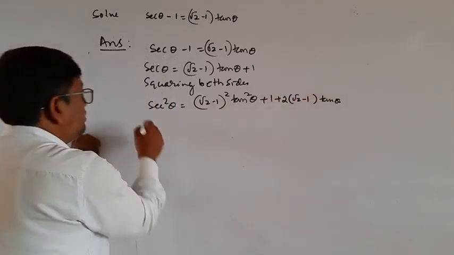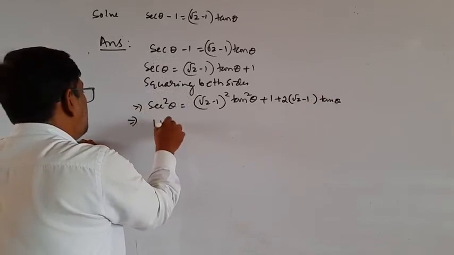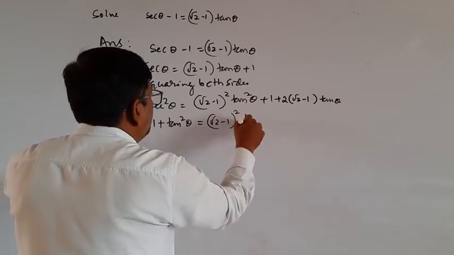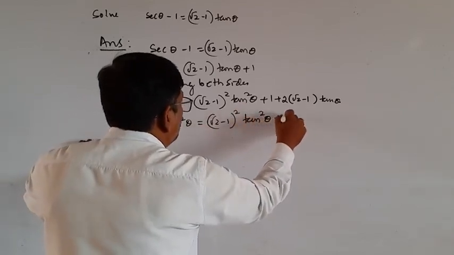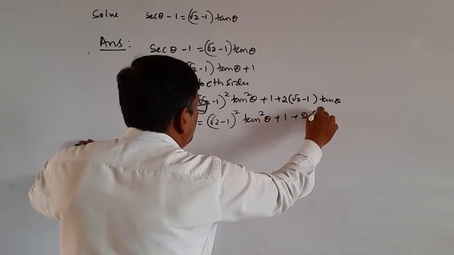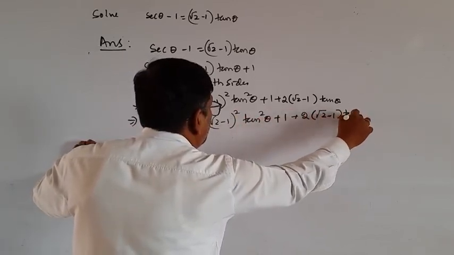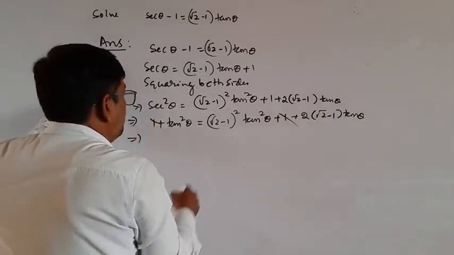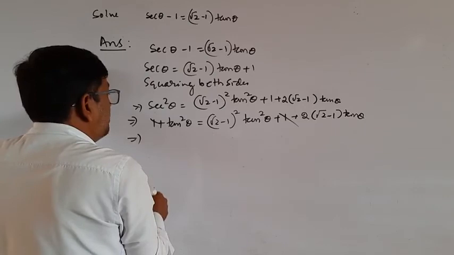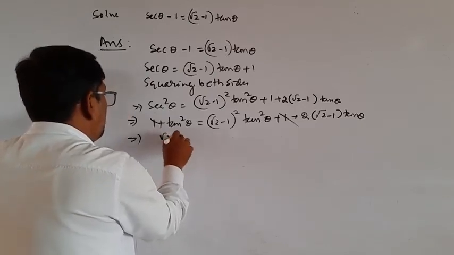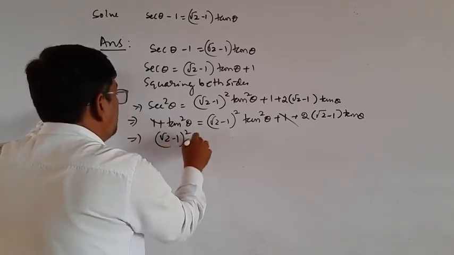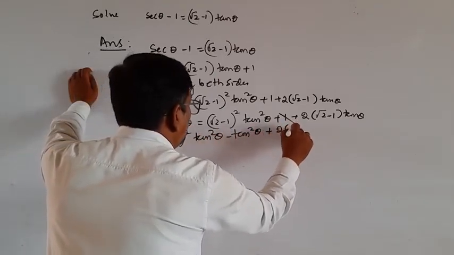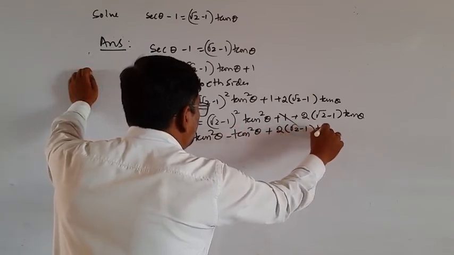Now sec square theta is equal to 1 plus tan square theta, which equals root 2 minus 1 whole square tan square theta plus 1 plus 2 into root 2 minus 1 into tan theta. So 1 cancels here. That is tan square theta equals root 2 minus 1 whole square tan square theta plus 2 into root 2 minus 1 into tan theta.